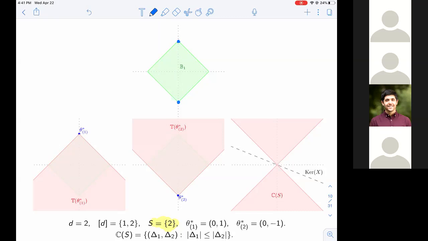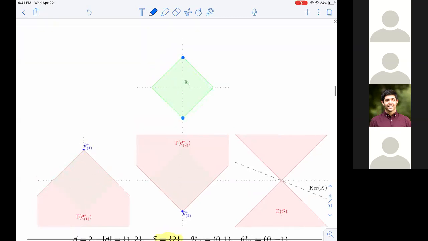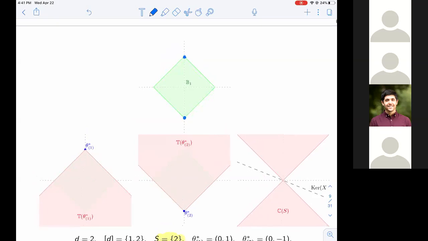And now, what will be the tangent cone at this point? The tangent cone are all the directions in which I can descend. So this direction works because when I go in, the L1 norm is reduced because I'm moving into the ball of radius 1.